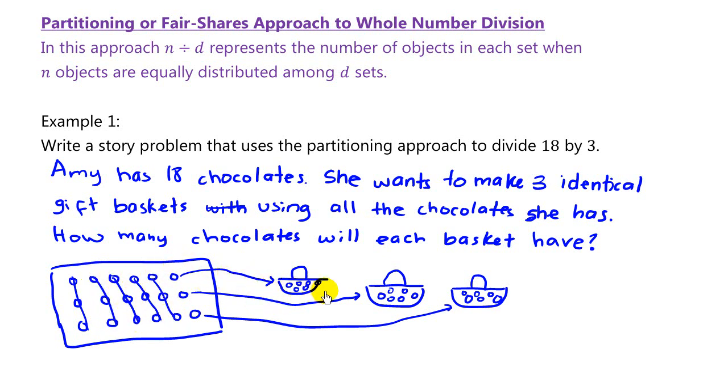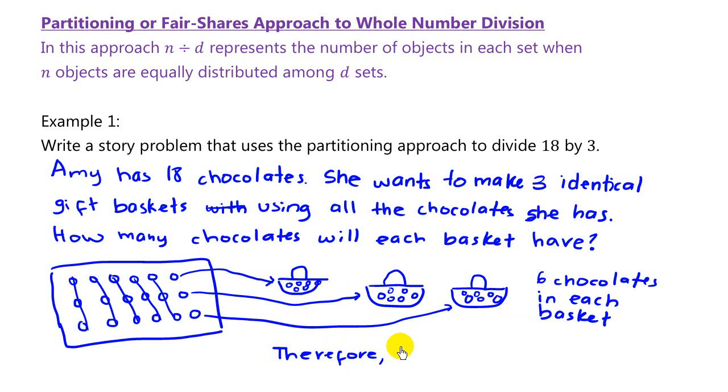But again, I am distributing them one at a time here. And so since I have 6 chocolates in each basket, that gives me the answer to my division problem. And so now I can write my conclusion. And I can say that 18 divided by 3 equals 6.